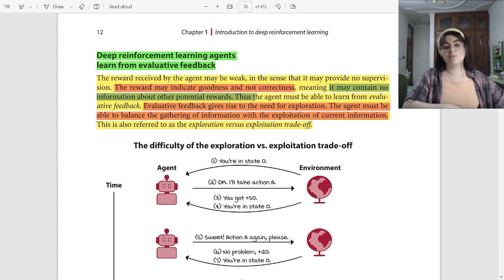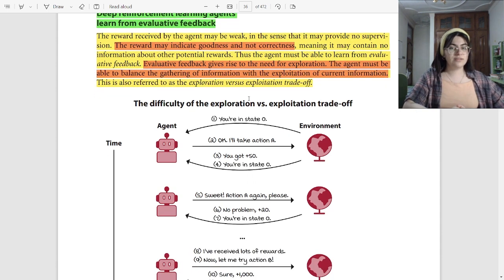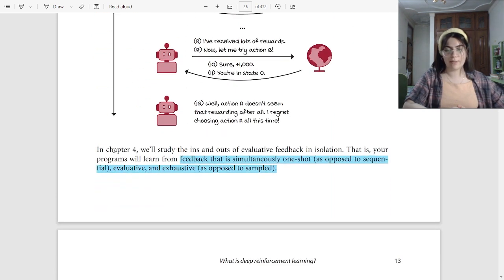Thus, the agent must be able to learn from evaluative feedback. Now, evaluative feedback gives rise to the need for exploration. The agent must be able to balance the gathering of information with the exploitation of current information. And this is called the exploration versus exploitation trade-off. And in chapter 4, we'll study more on this evaluative feedback in isolation.